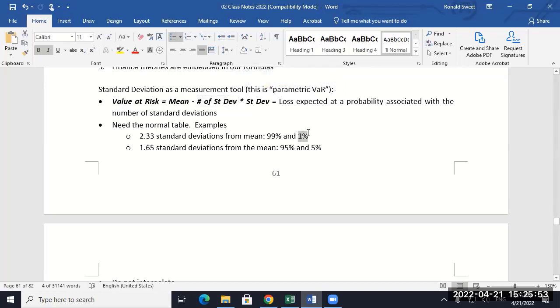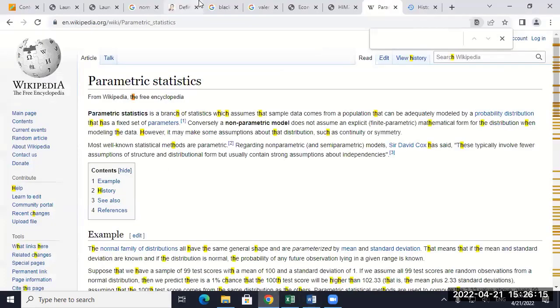So a 1% event, do you remember a 1% event being 2.33 standard deviations? Y'all remember that at all? Nobody? I'm not seeing any heads. Anybody remember 2.33? Any accounting majors in here? You're going to be seeing this when you take your auditing classes. So don't forget this. This is really important. So let me show you as a picture.